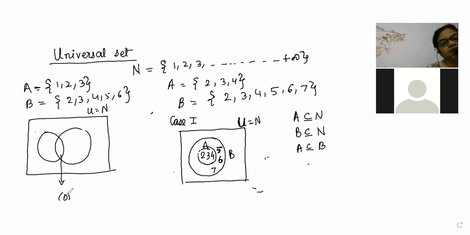Common region between A and B. What is that, beta?